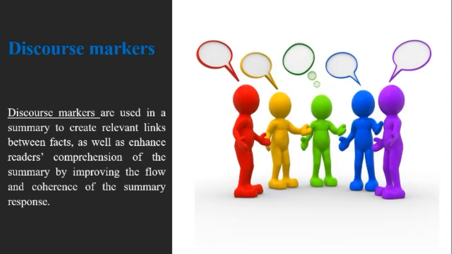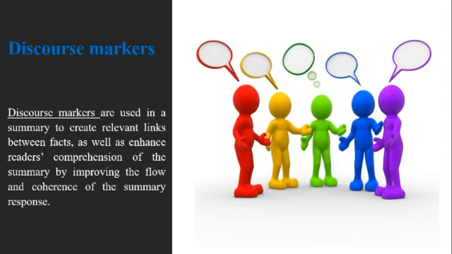So the essence of using the discourse marker is to show the connection between two or more sentences or two or more paragraphs. And why must you know what discourse markers are and utilize them in your summary? It's just for one thing.